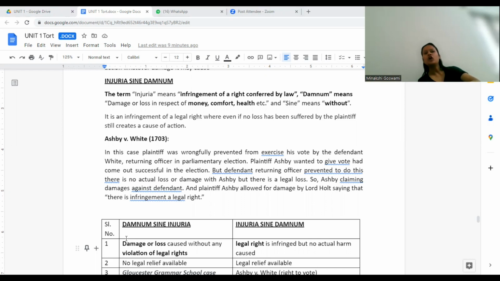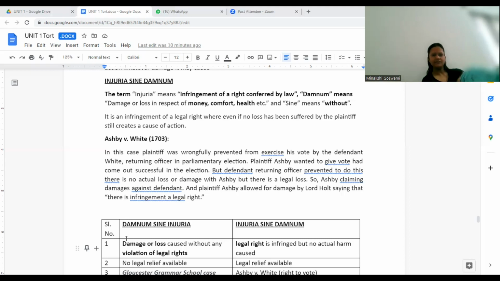So there is no loss or damage that you can show, but yes, your legal right was violated. So in this case, the person was given compensation because his legal right was violated. It does not matter whether he has suffered any actual loss or not, whether that one single vote counted or not. What matters is his legal right was violated.